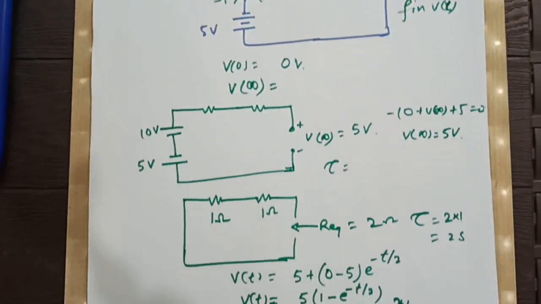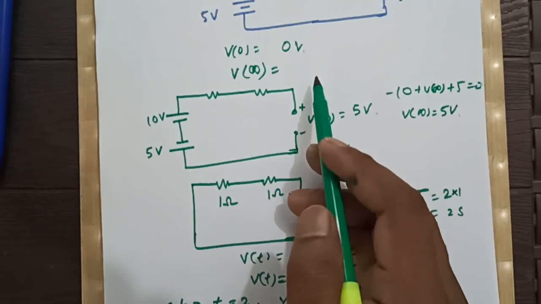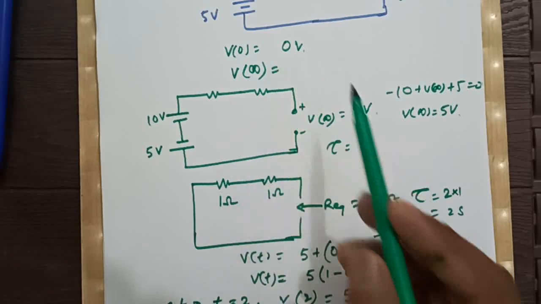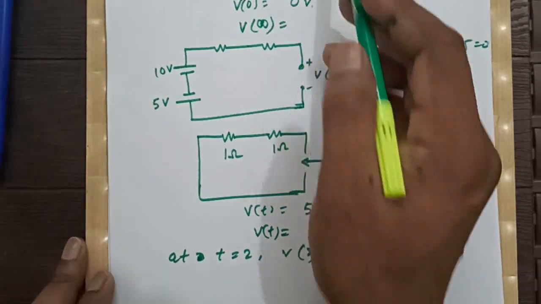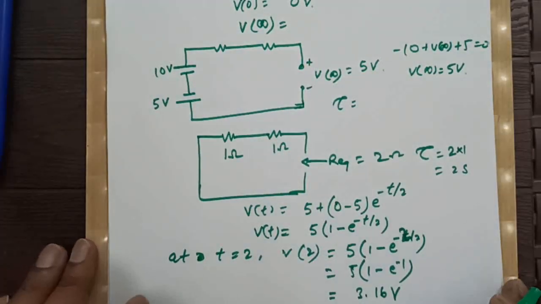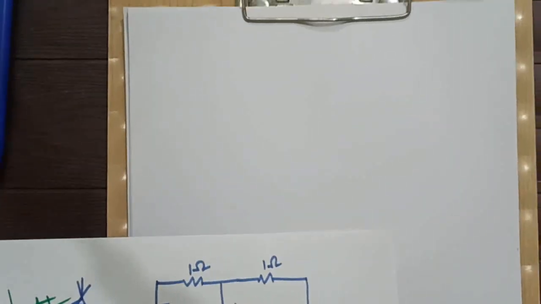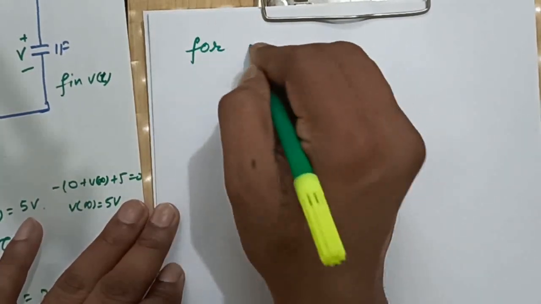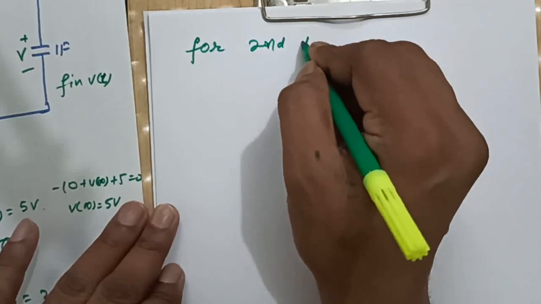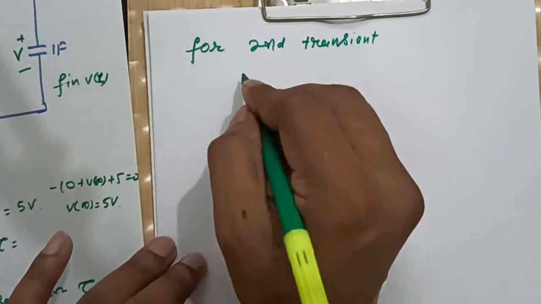So for that transient, the voltage at time t equal to 2 seconds will act like the initial voltage, whatever we were saying, V0. This V2 minus will act like V0 minus for the second transient. So at time t equal to 0, once again the picture will get changed, and for the second transient, what will be our initial voltage?